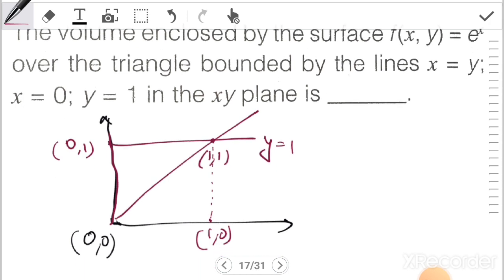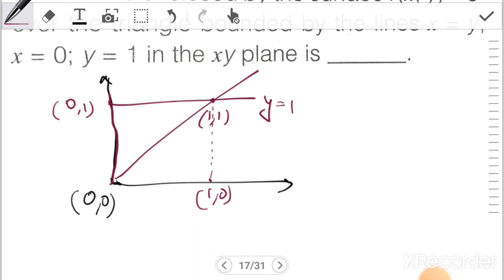Okay. So the required volume is f(x,y) dx dy, right?